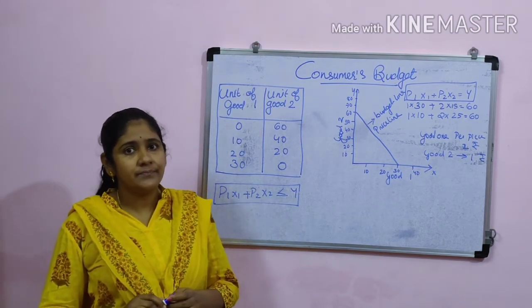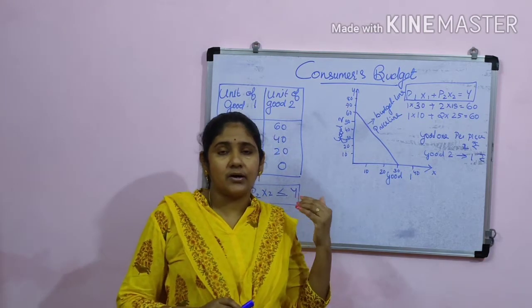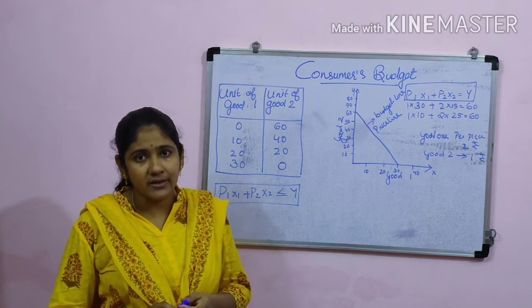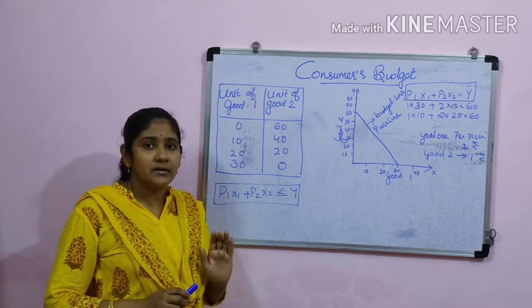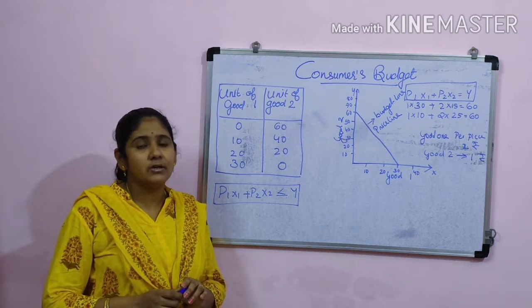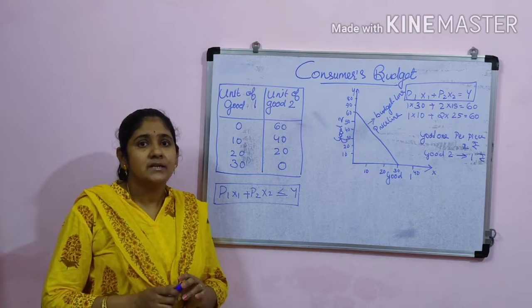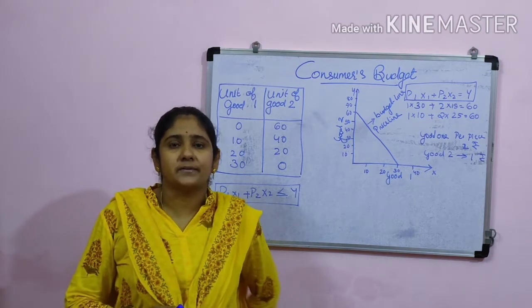Then students, for explaining this concept in a better way, I presented here a table and one diagram. For example, imagine that the consumer's income is 60 rupees.